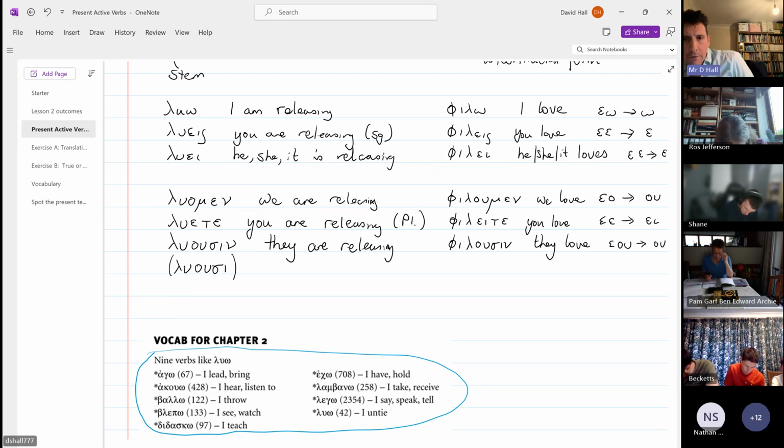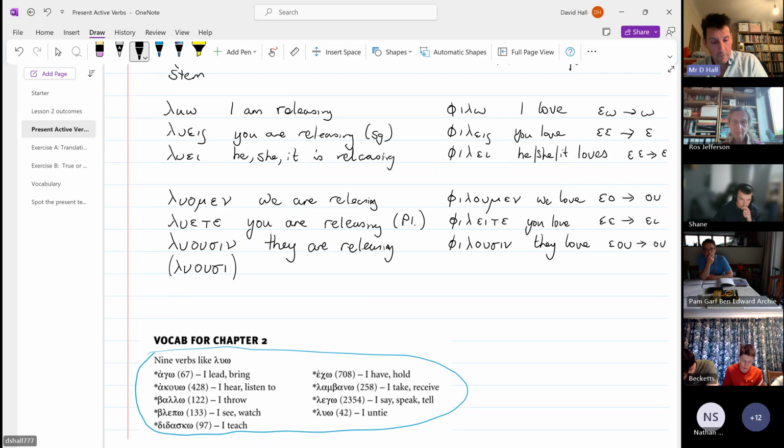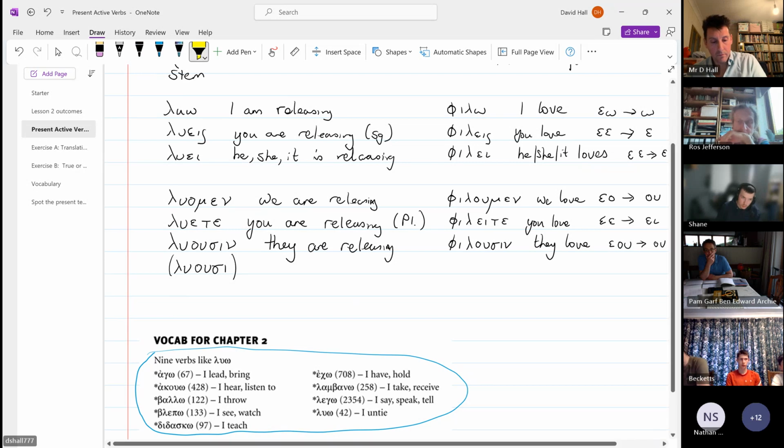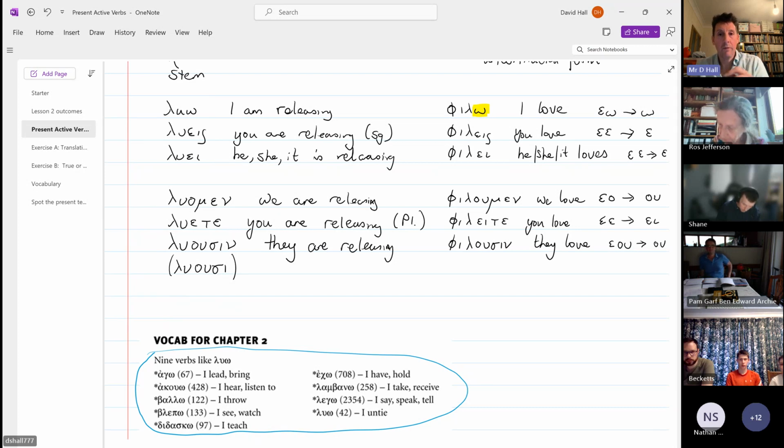So what we have is another set of endings, really, but they are very similar. And it's really just these two that you need to pay attention to. Well, I suppose there's three that you have to pay attention to. I'll highlight what I want you to note. So firstly, this one is different to its root form. The way you'll see it in the book, we just said you see it with the epsilon in there, but you don't write it.